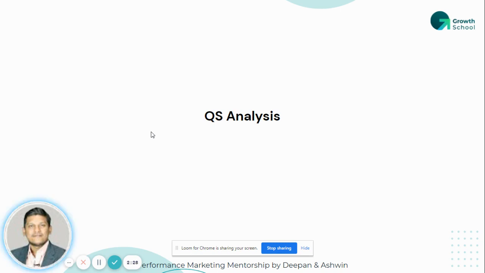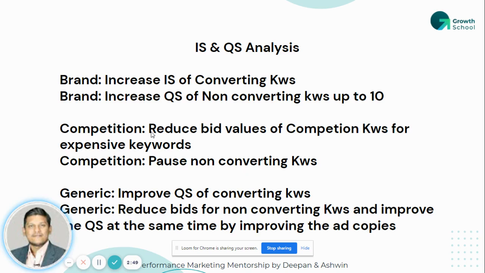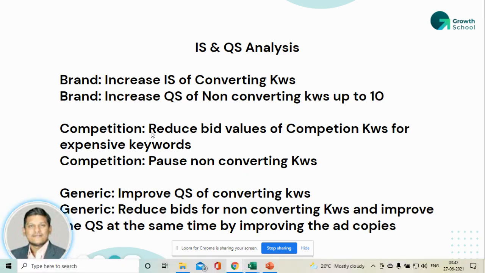Deepan has already explained the theoretical aspect of quality score and impression share, but I will show you here how to implement it for the campaigns. Shall we go, guys?